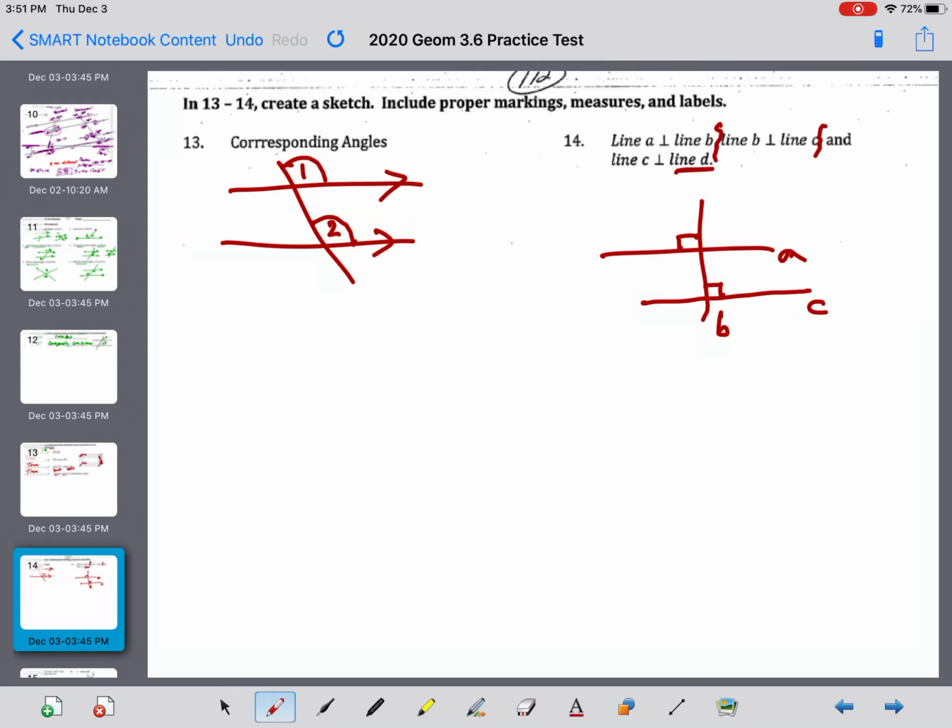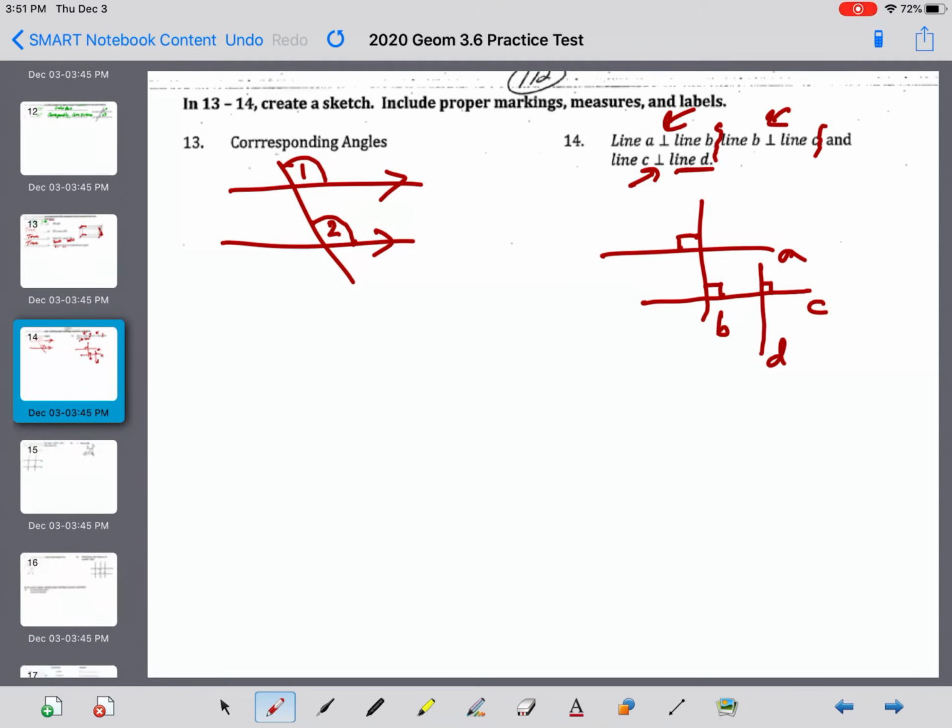And C is perpendicular to D. So I need a D yet. Oh, D is going to have to go this way. All right, I have 3 perpendiculars, so I need to have 3 boxes. And that's it. You could put arrows on these lines if you want to, you could extend them if you wanted to, but you don't have to.